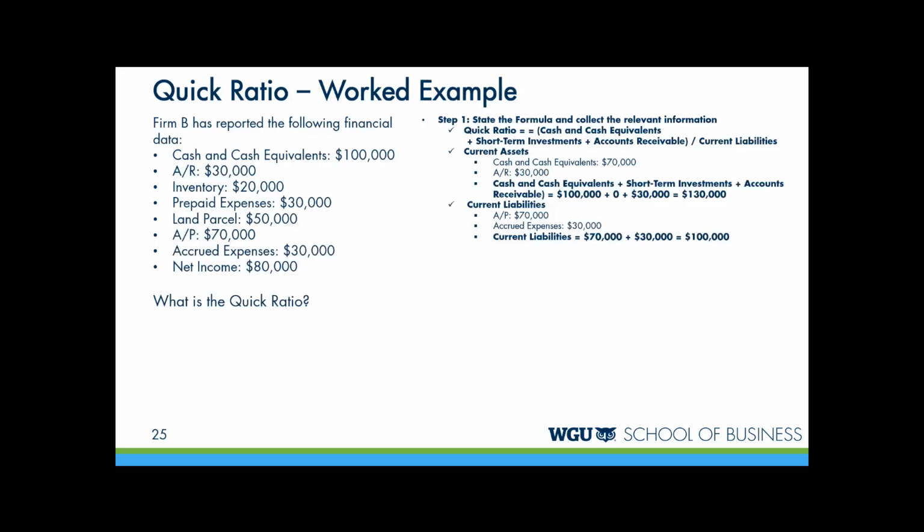So the formula is cash and cash equivalents plus short-term investments plus accounts receivable divided by total current liabilities. So we're just going to pull out the current assets that are applicable here. So when we look at this list, okay, we have cash and cash equivalents. That goes into the ratio. We don't have any short-term investments. So that value is going to be 0.